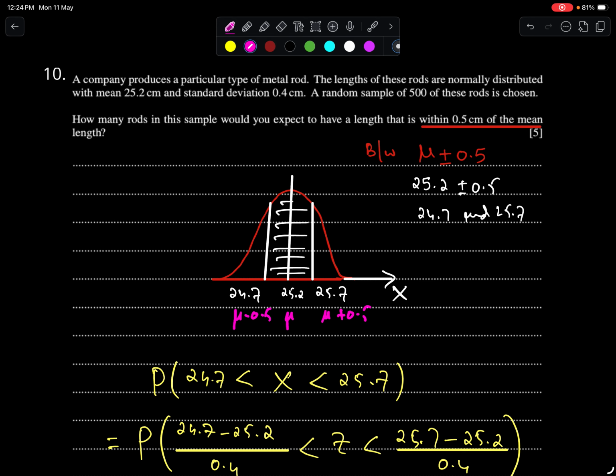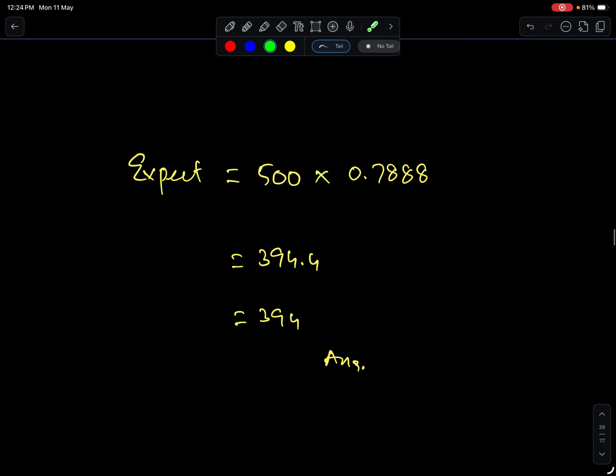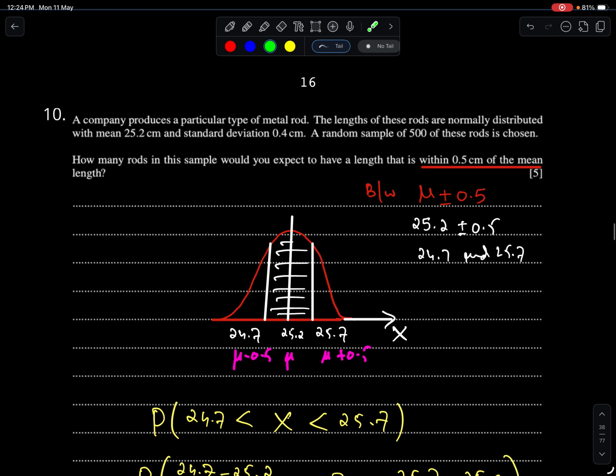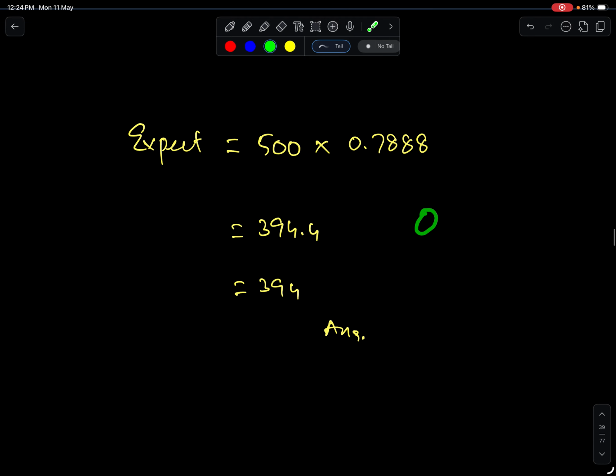You can either use mu terms here or these values. It's your choice. And then solve it. See, these are rods. So you can't make one rod. 0.4 can't be one rod. So round back or round down.